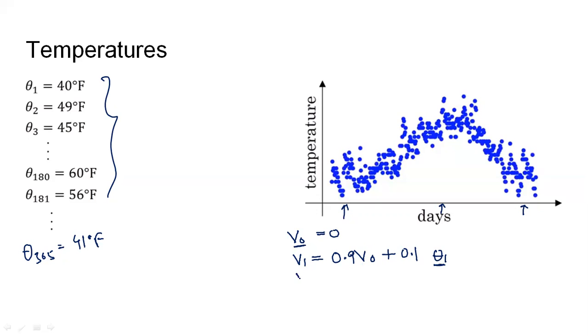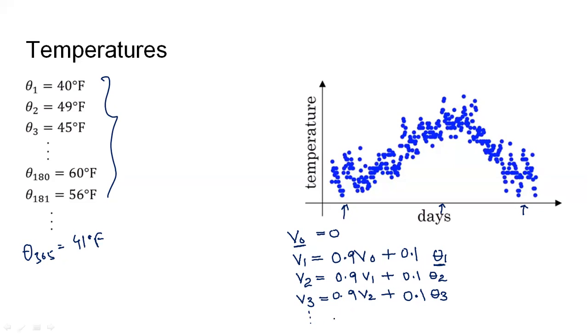Similarly, V2 would be equal to 0.9 times V1, which is the previous day's average, plus 0.1 times theta 2, that is the second day's temperature. Now, V3 would be equal to 0.9 times V2 plus 0.1 times theta 3, that is the third day's temperature. And that would go on.